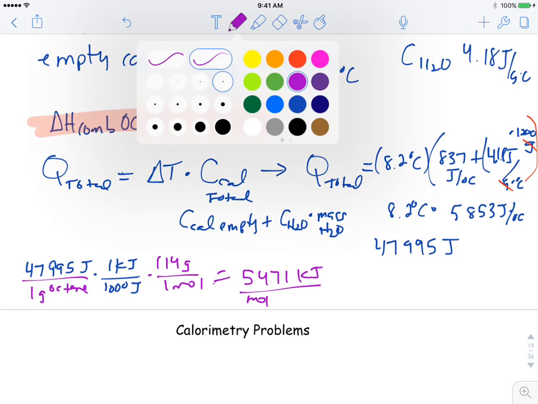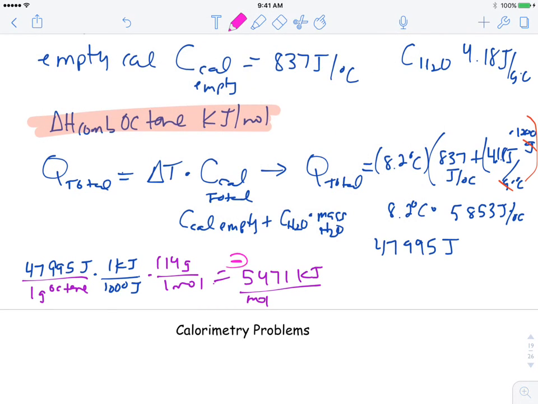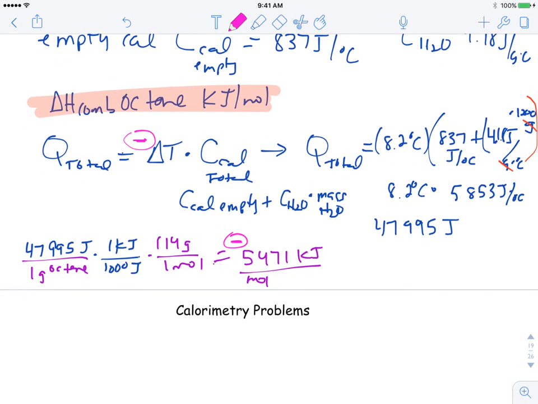Something really important that you should be aware of is that the sign is negative, because this is a combustion, and in a bomb calorimeter, the change is always negative. Some people, so that they don't forget this, like to put a negative sign right up here and just include it. So that's one type of calorimetry problem. I have a worksheet on bomb calorimetry that I'll upload that we can try in class.